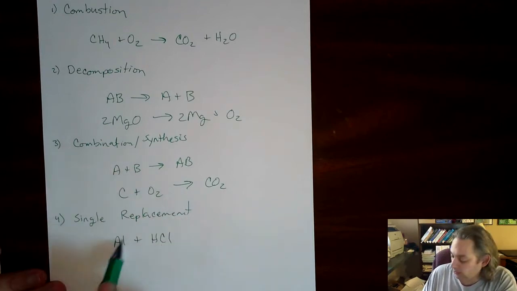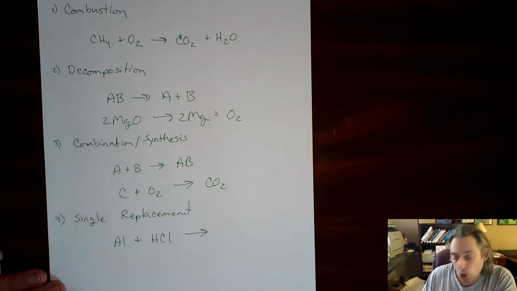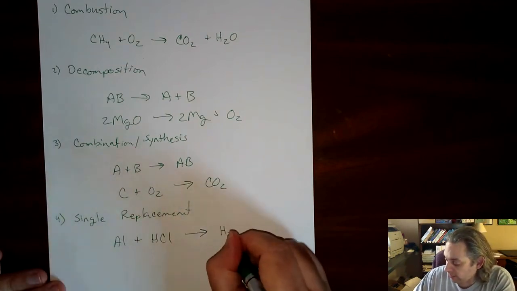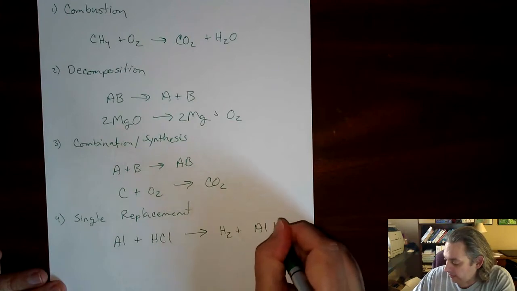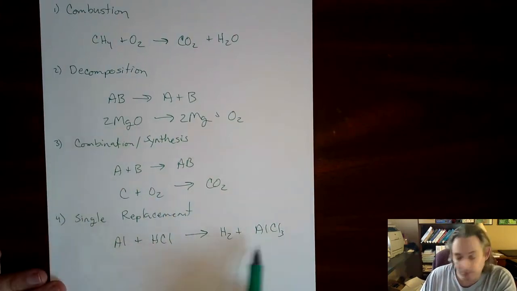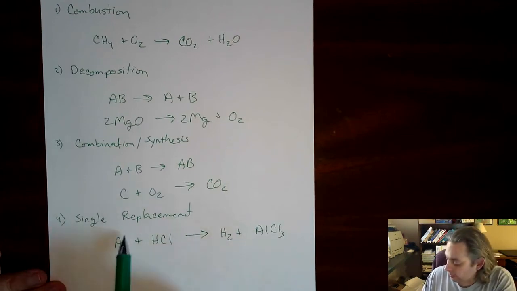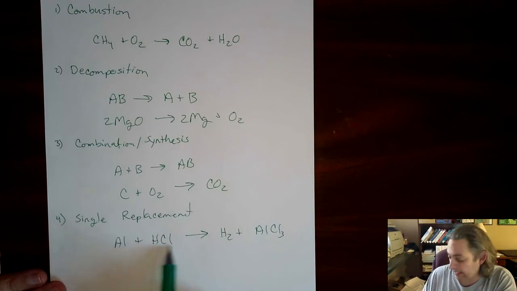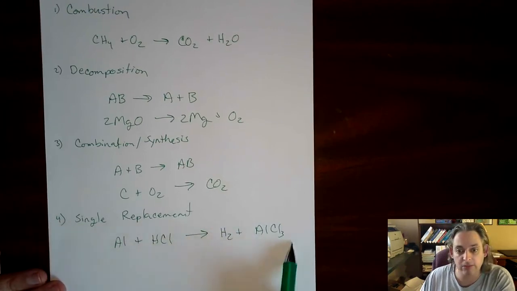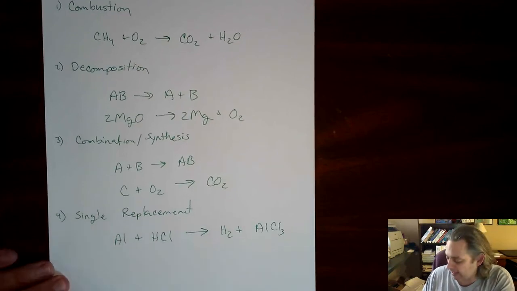Here we have a metal reacting with a compound, and that will always produce another element and a compound. In this case, we would have hydrogen, which is an element, and aluminum chloride. So here we have one element and a compound going to another element and another compound. And so this would be a single replacement.